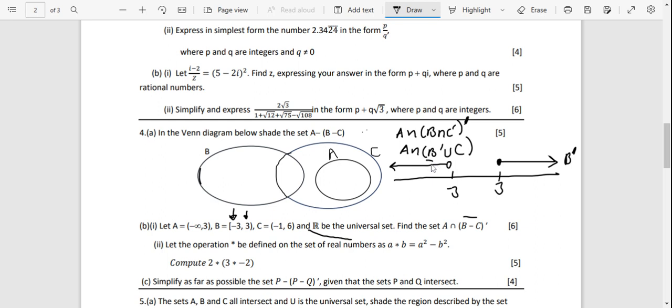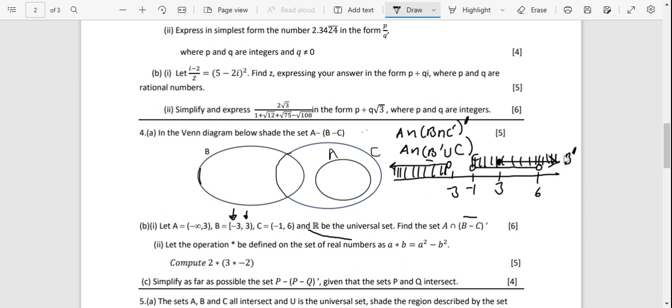And then now you look at the set C. What is the set C? It's from negative 1 to 6. Negative 1 will be somewhere here. 6 is going to be somewhere here. You can see we are not including either negative 1 or 6. So this is the set C. Now we want the union of these sets. Union means combine them. So we are going to combine the whole of this and this.